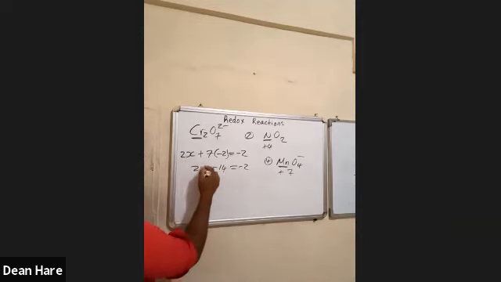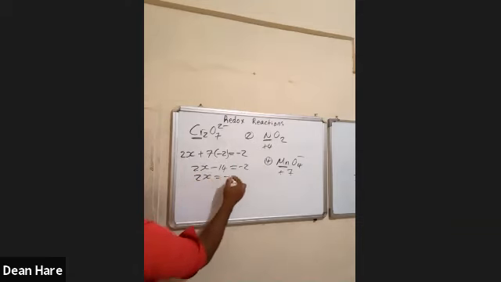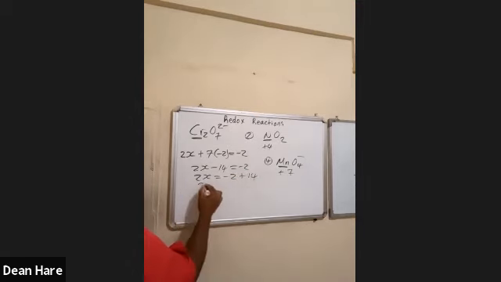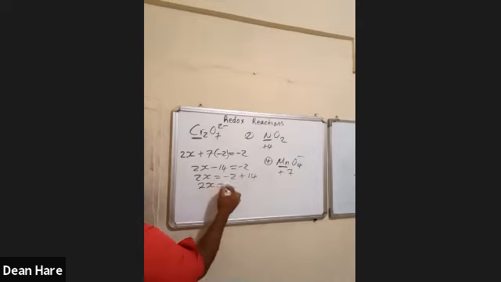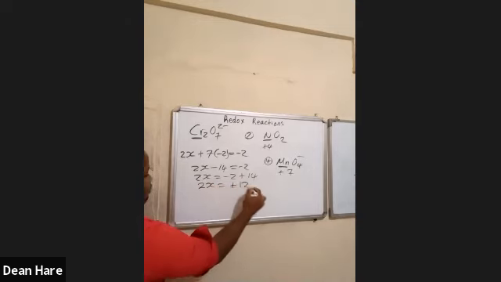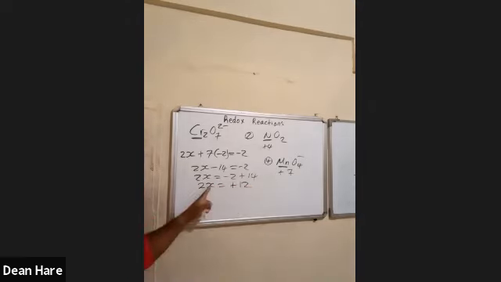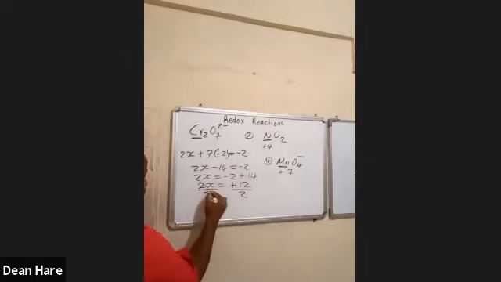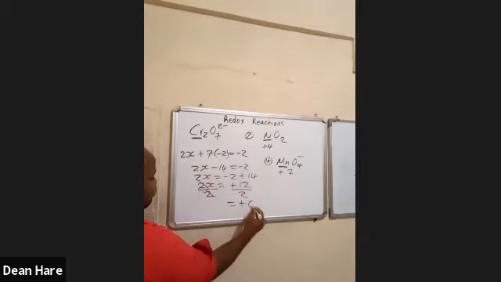We still have 2X, so we're going to carry over -14. It will become +14. And so 2X is equal to +12. Remember, we're trying to find X, so we will divide by 2. And so X is equal to +6.